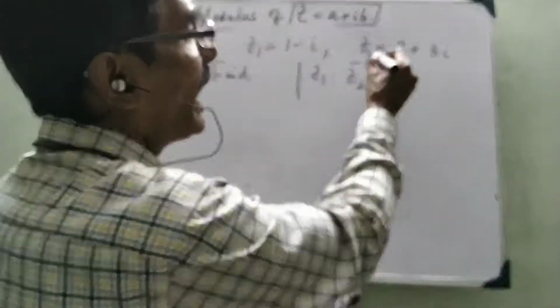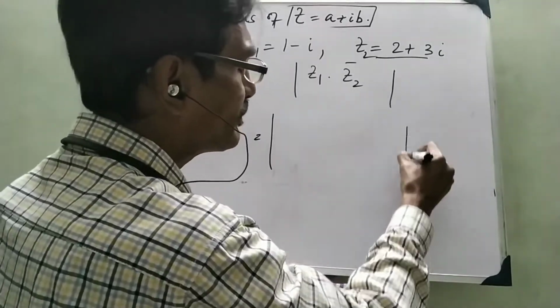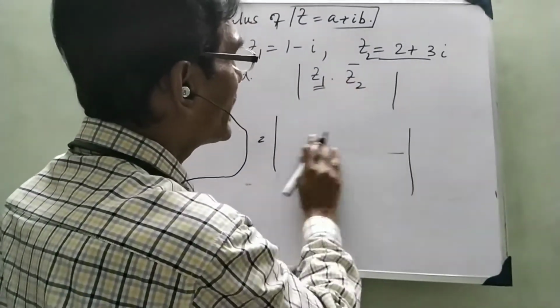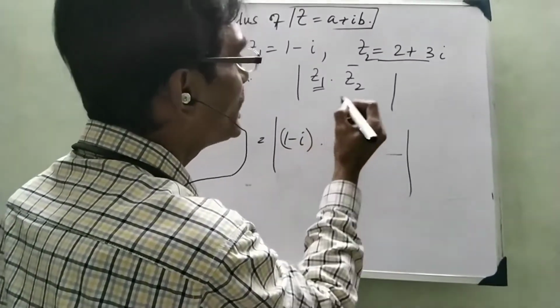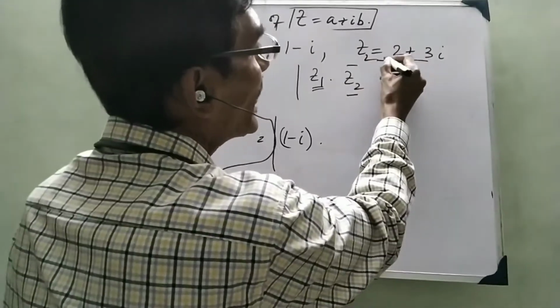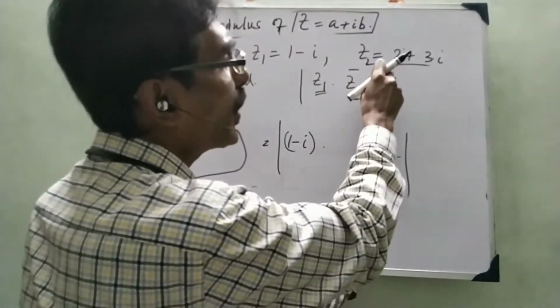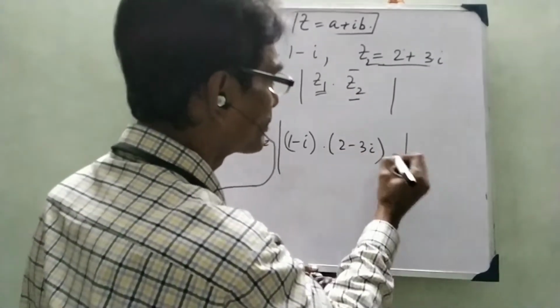So first, as z2 is this, for the answer what you will do? Modulus of, for numerator, first one z1 also same, into z2 bar, as z2 is this, so z2 bar means conjugate of z2 is 2 minus 3i.